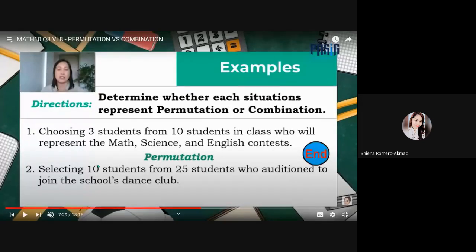Dahil mamimili ka lang naman ng 10 students out of 25. Okay? And all of those 10 students na pinili mo will join the school dance club. Pare-pareho sila ng patutunguhan. So it doesn't matter kung sinong una mo i-select.